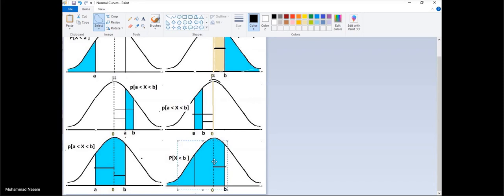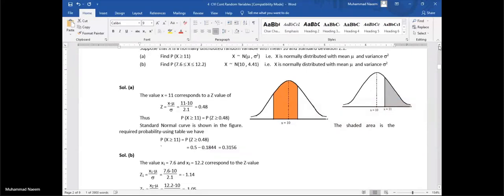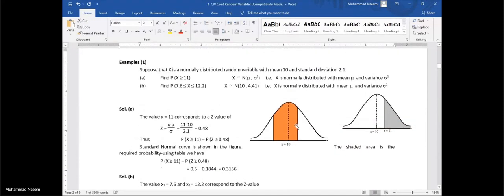So sometimes we subtract tabulated area from 0.5, sometimes we add tabulated area to 0.5, sometimes we subtract the 2 tabulated areas, and sometimes we add the 2 tabulated areas. It depends upon the situation. So that's why it would be better if you draw the diagram in the starting.